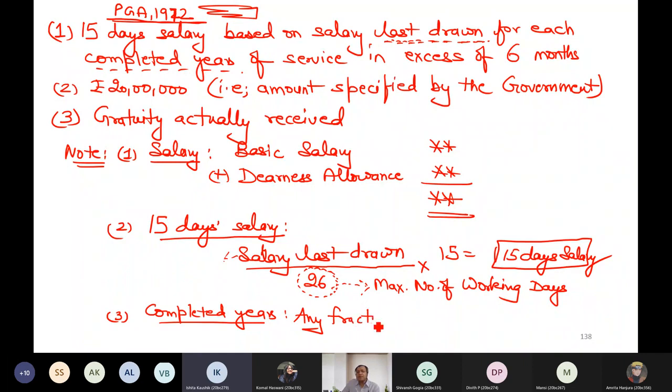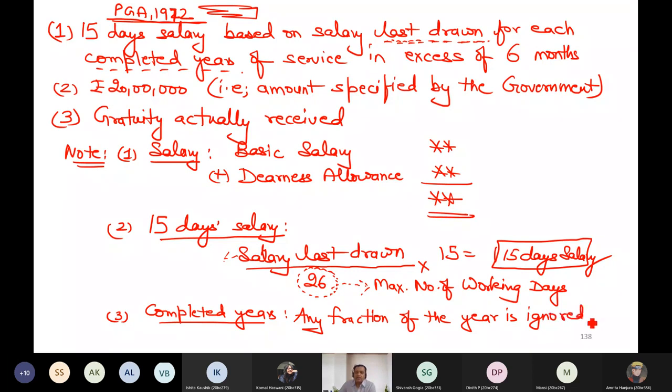No, any fraction of the year is ignored. You might be correct, but not 100%. For example, if my service is of 27 years and 11 months, completed year means 27 only.